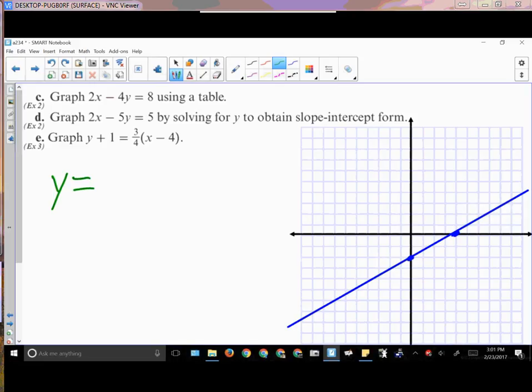Now, a while back, I gave you a nice little trick for dealing with that. Slope is going to be equal to -b over a.